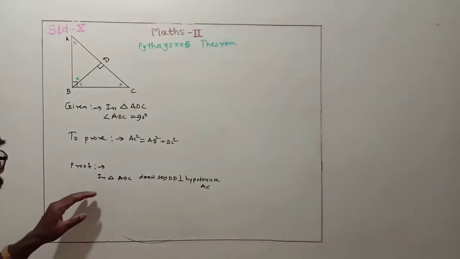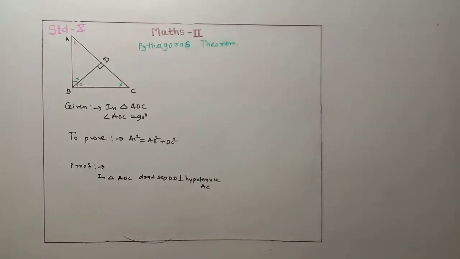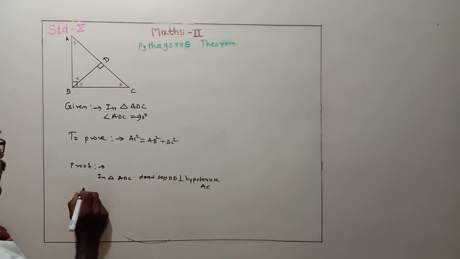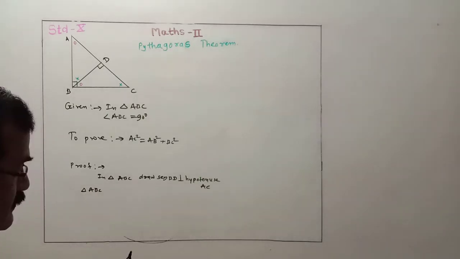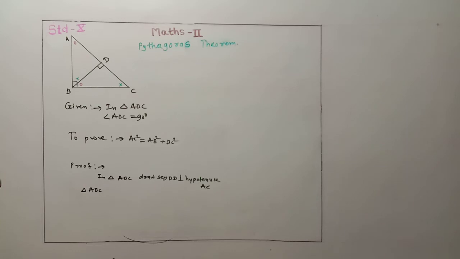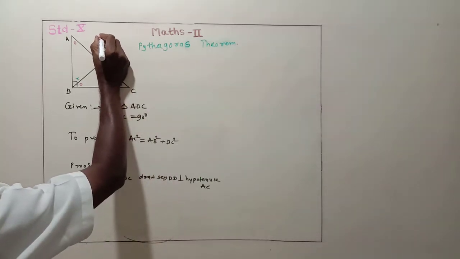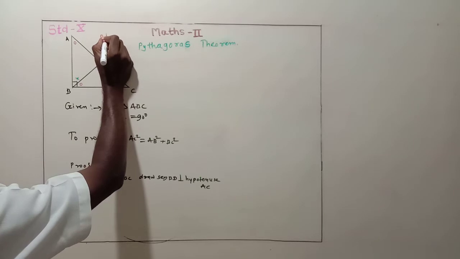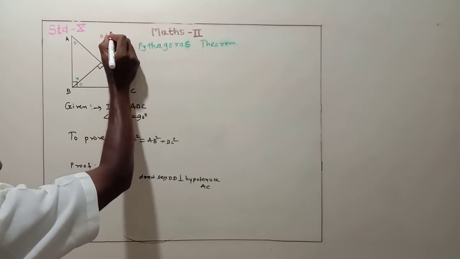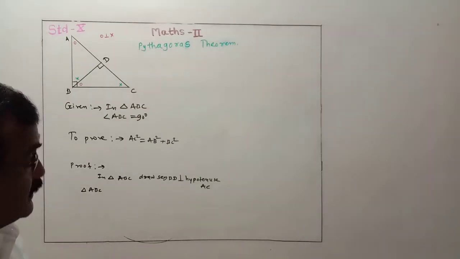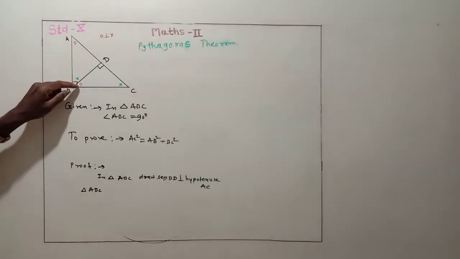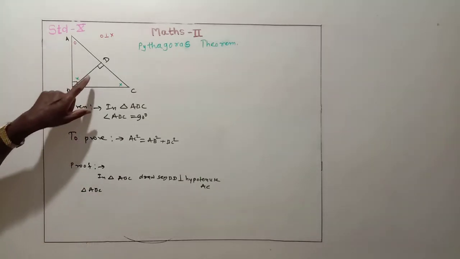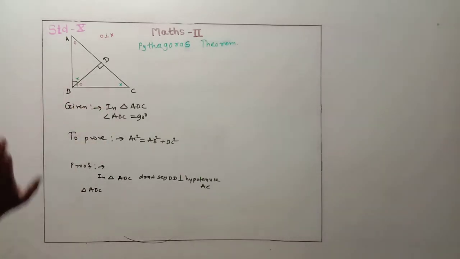If we write in triangle ABC, draw segment BD perpendicular to hypotenuse AC, then triangle ABC has a one-to-one correspondence with the smaller triangles: circle, perpendicular and cross. In this name, triangle A is a circle, B is right angle, and C is a cross.